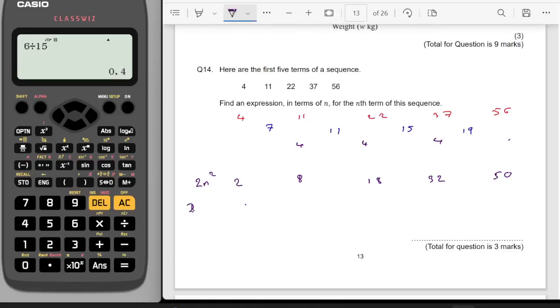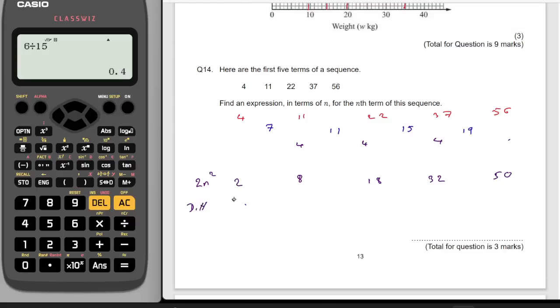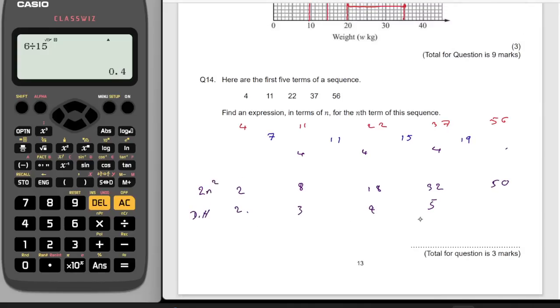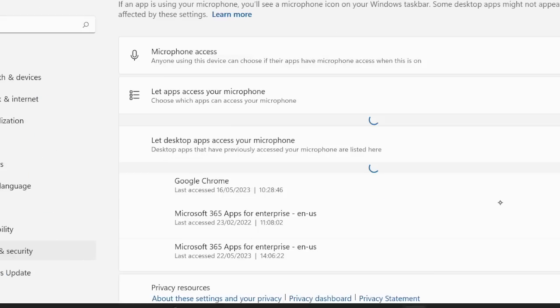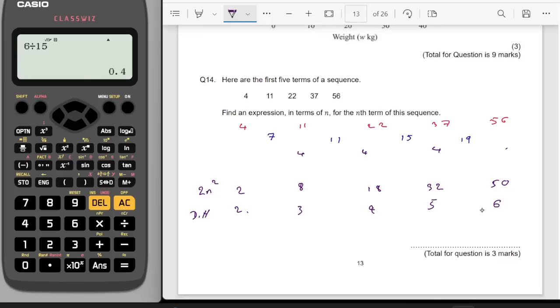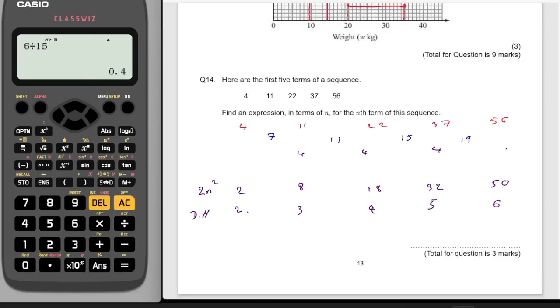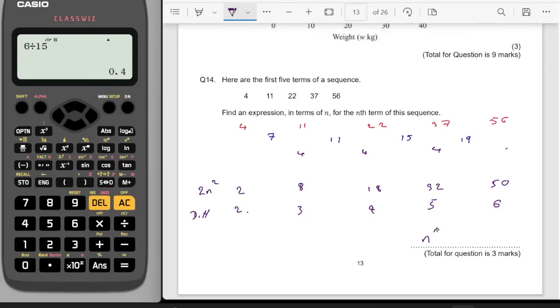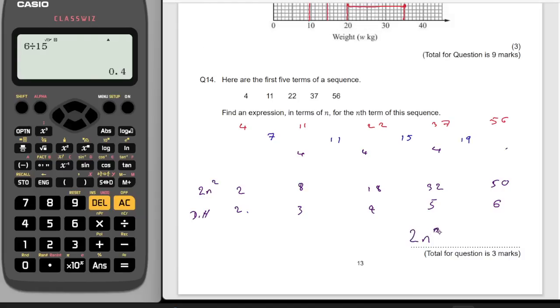So the difference is 2, 3, 4, 5, and 6. And I'm describing that as n plus 1. So my total sequence is going to be 2n squared plus n plus 1.